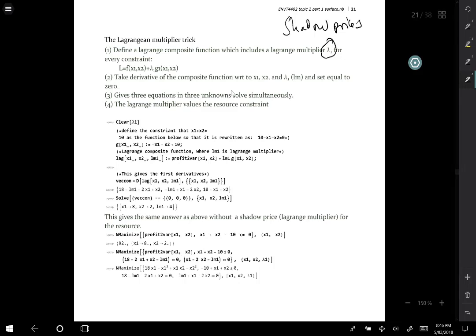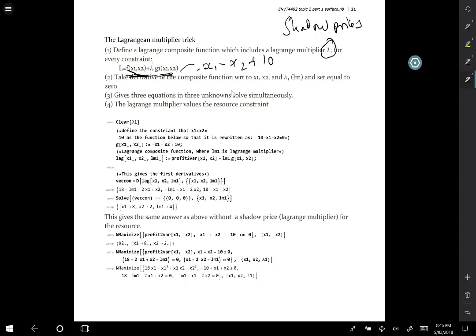So a Lagrange composite function includes the objective function, and it includes a Lagrange multiplier multiplied by the constraint function, which is, for instance, minus x1 minus x2 plus 10. Although you can write this in different ways, and it causes a good deal of confusion, at the end of the day it doesn't really matter.